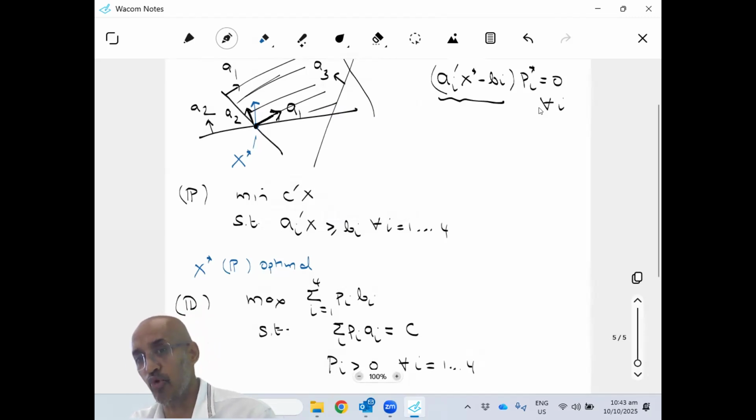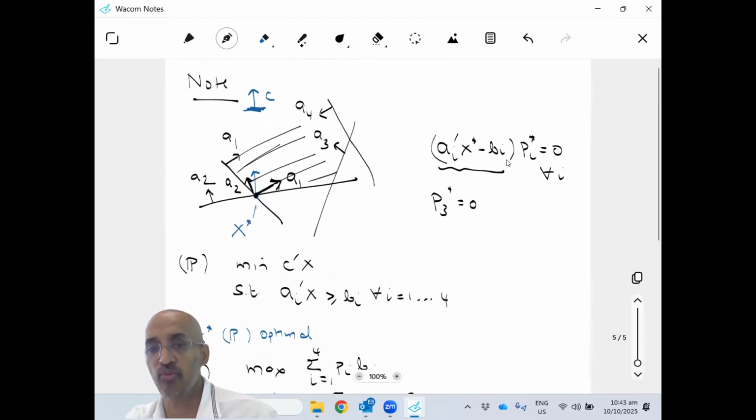But A3 transpose X star is strictly greater than B3. This point is far away from this hyperplane. So because this number will be strictly positive for the A3 constraint, P3 has to be 0. So from complementary slackness, P3 star should be 0 and P4 star has to be equal to 0 also.